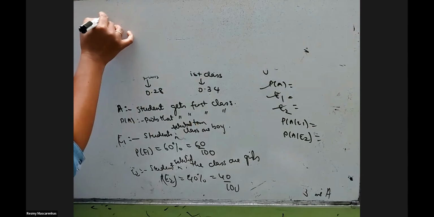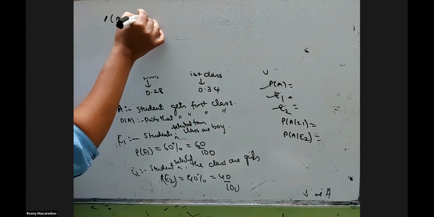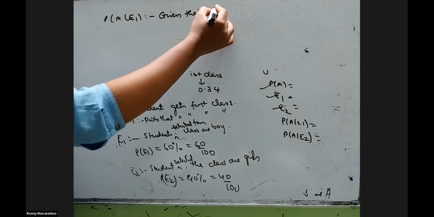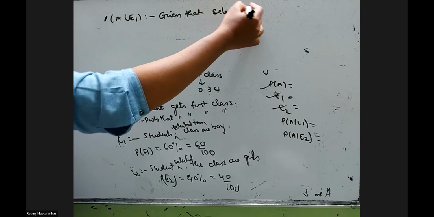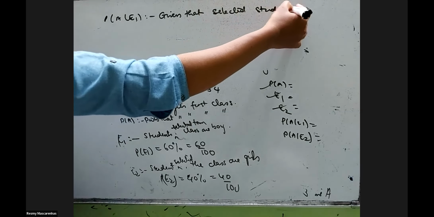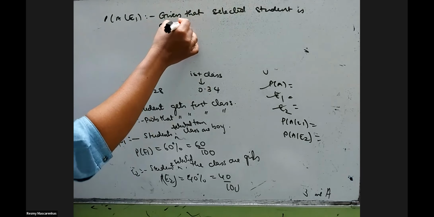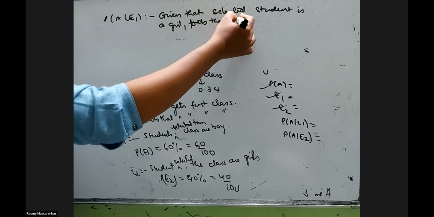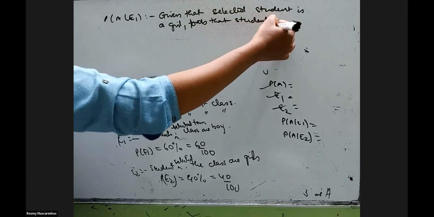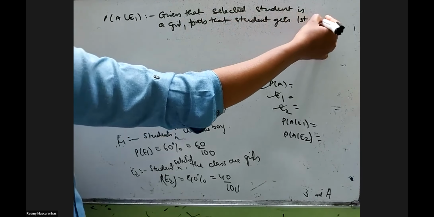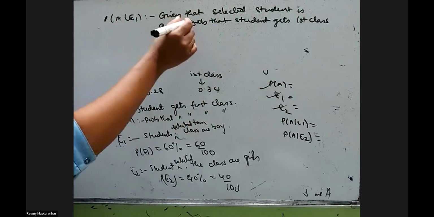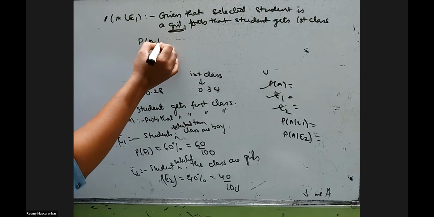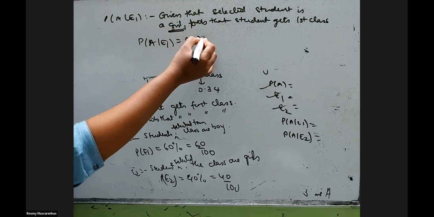Next is P of A upon E1. Given that the selected student is a girl, the probability that the student gets first class. So what are the chances that a girl gets first class? P of A upon E1 is 0.34.